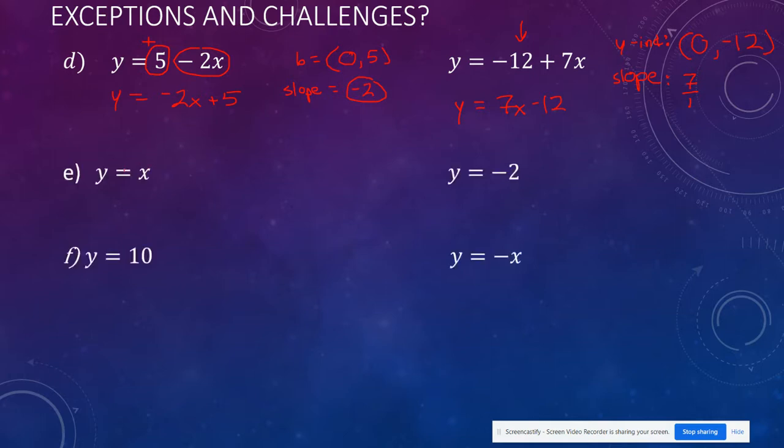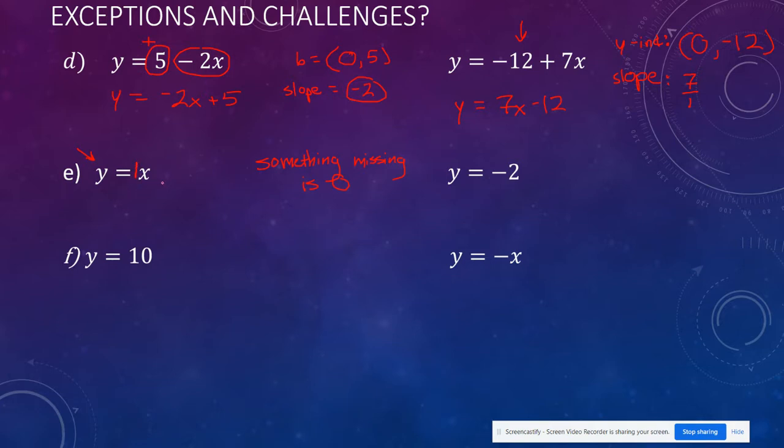Here's another exception to the rule. What if something's missing? Well, if something's missing, it's 0. The only thing that we can miss is 0. Something missing would be a 0. So on the first example here, y equals x, well, it could be 1x.